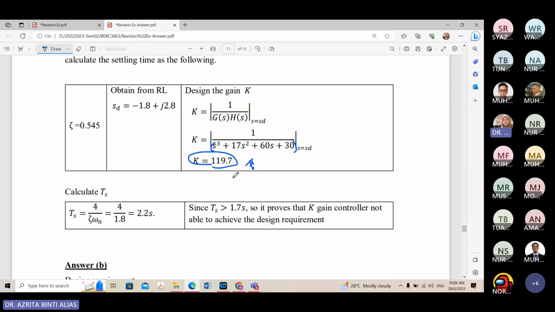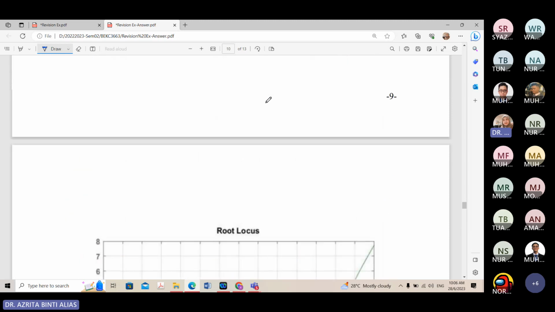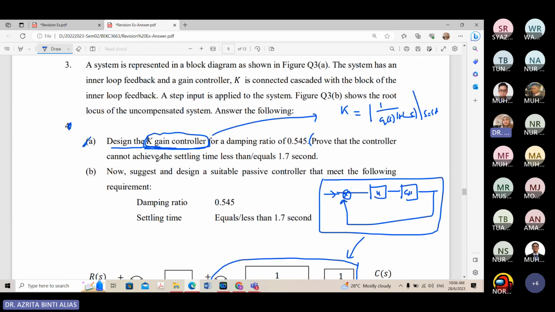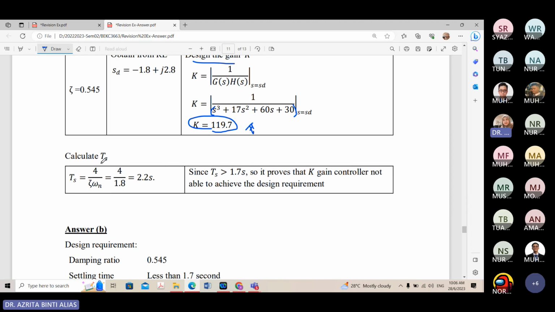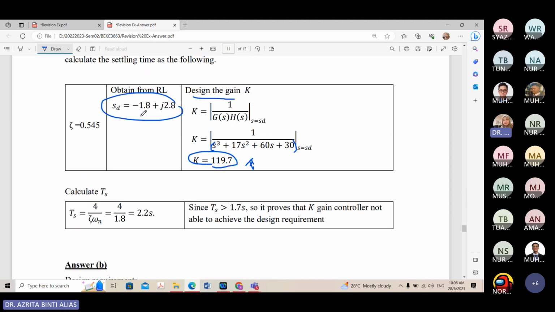So we already answered the first question to design the K gain controller. So the second question here asks you to prove that the controller cannot achieve the settling time less than or equal to 1.7 seconds. Okay, since the s_d from the root locus is given by minus 1.8 plus j 2.8. So we know the general formula for s_d is given by minus zeta omega n plus j omega d. Okay, so from here, we have the value of zeta omega n is equal to 1.8.